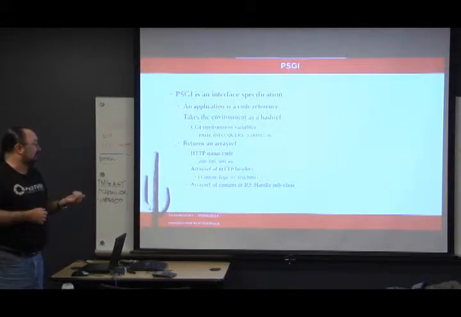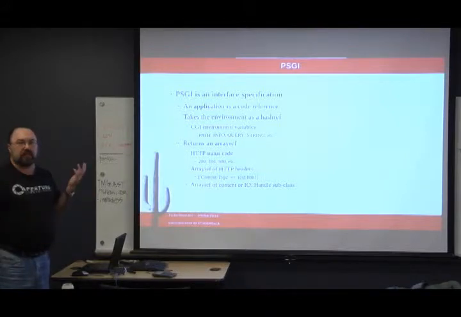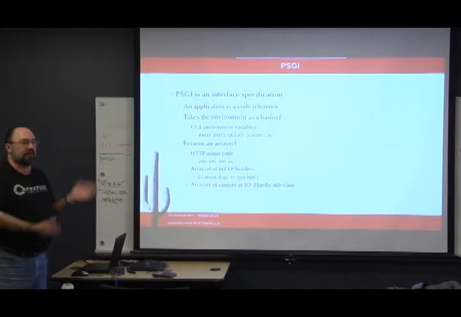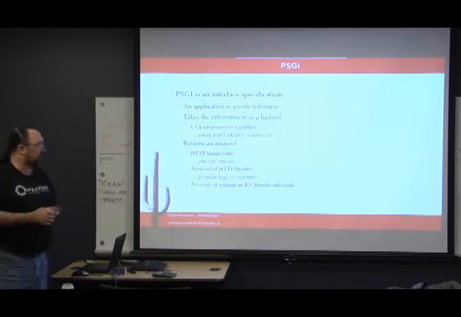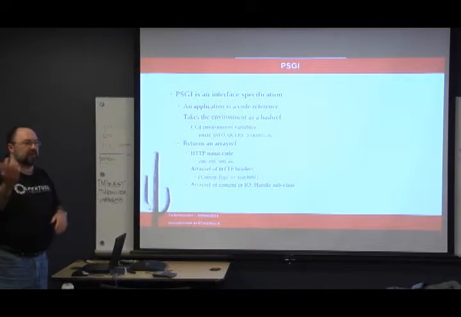And the last piece is an array ref of the content, which would be like your HTML or your text or your JSON or whatever it is that this application is supposed to be returning, or an IO handle subclass of some sort. There's a whole bunch of different subclasses.